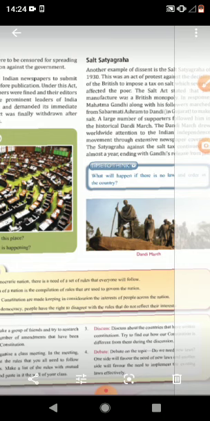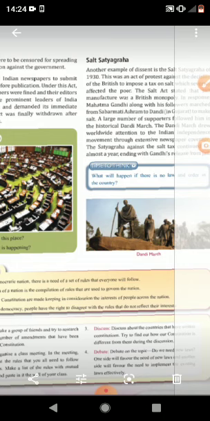So the Satyagraha against the salt tax continued for almost a year. And the same Satyagraha took place in other parts of India also, in the coastal areas. At the same time, more people went for the march.